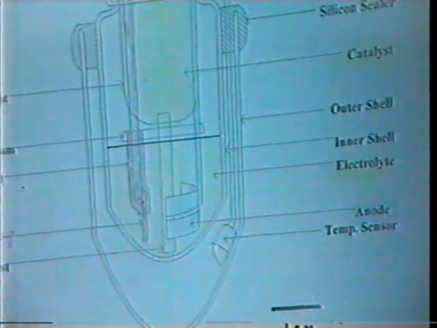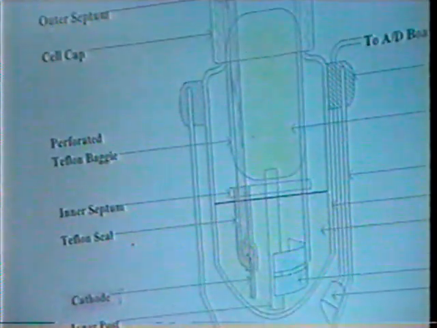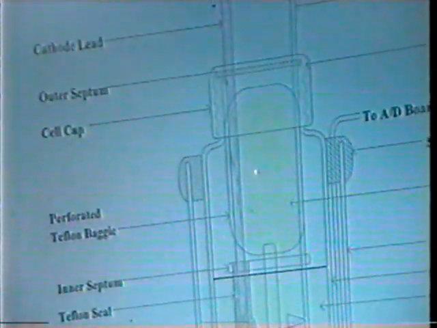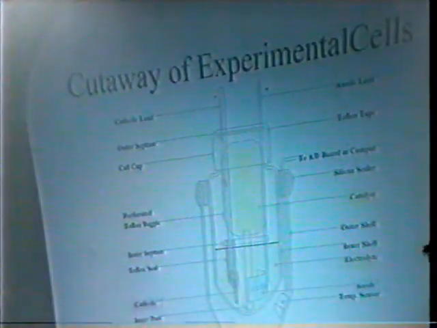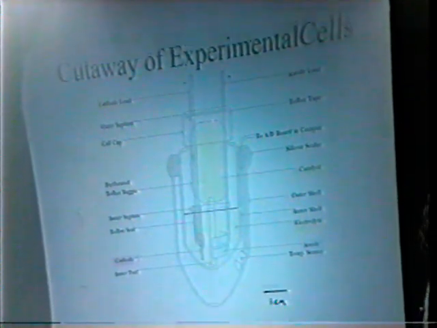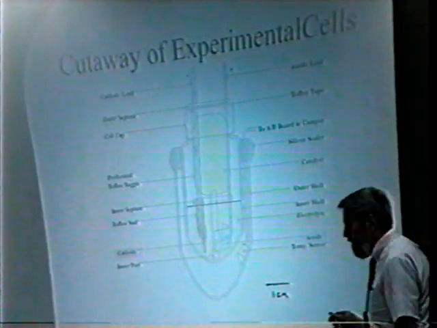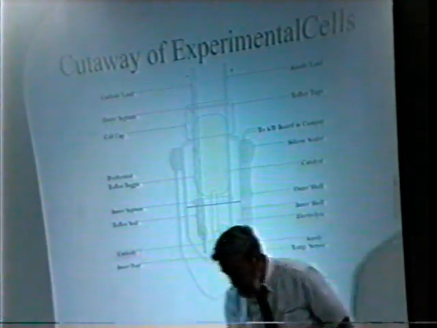In the outer wall is a temperature sensor. In the upper part of the cell is a recombination catalyst. So these are closed cells. We have a septum, so we don't make a bomb here. If the catalyst didn't work, the septum would give and release the pressure.